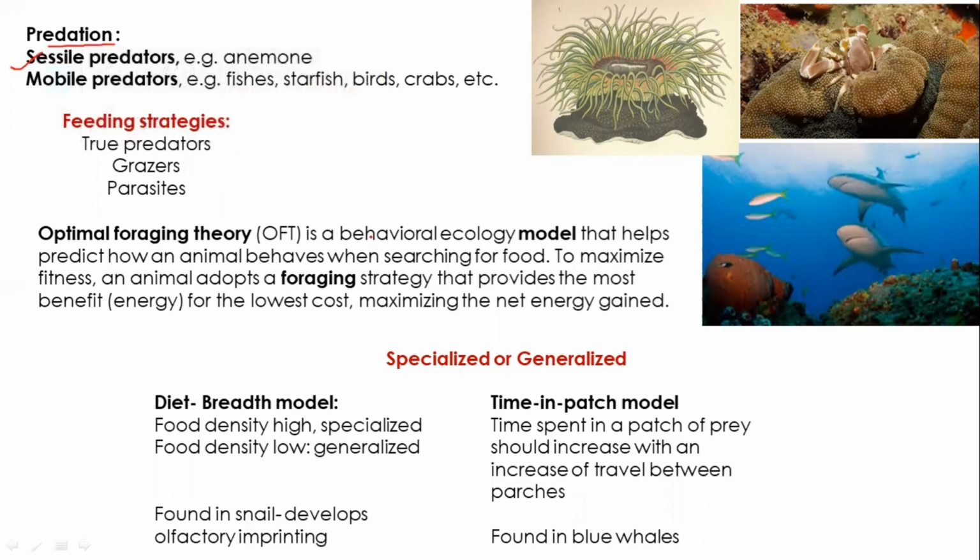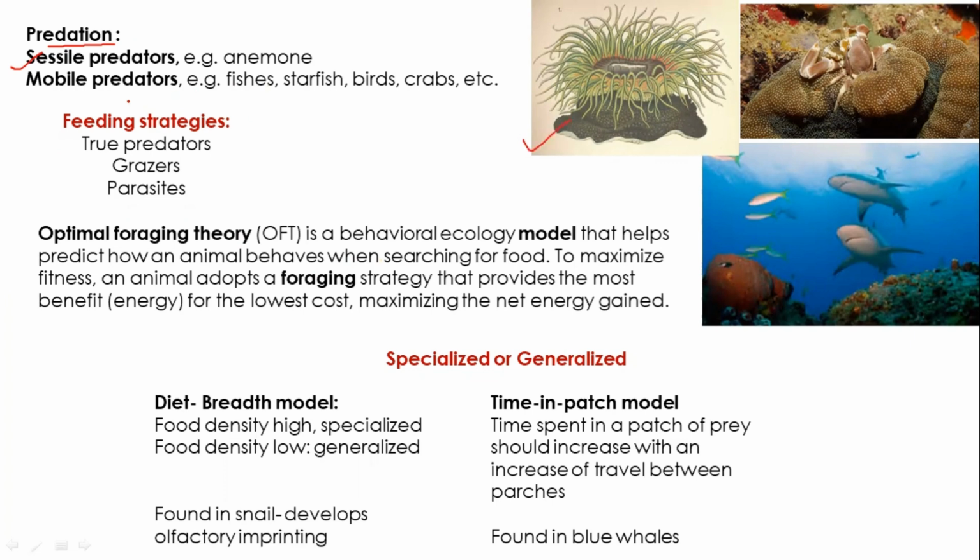Sessile means it is fixed at one particular location, such as seagrasses, seaweeds, sea anemones, and corals. All these organisms cannot move from one place to another. For example, here you can see an anemone. That can be called a sessile predator.